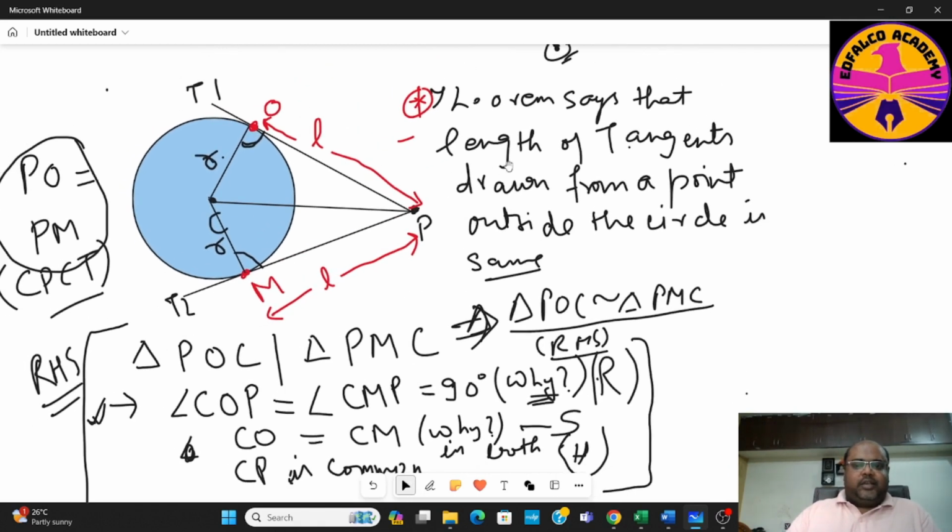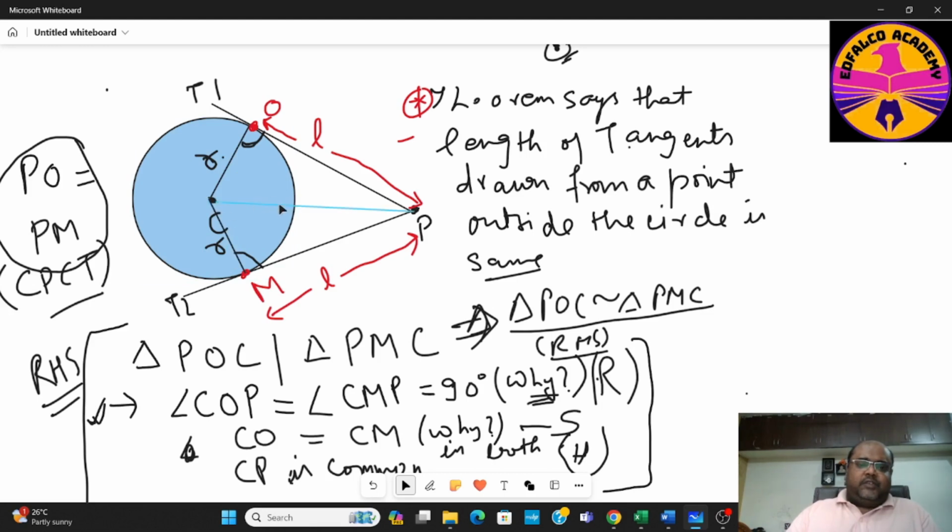That theorem was saying that the lengths of the tangents, this tangent and this tangent, are equal. That means PO is the same as PM. And what we have done is we divided it into two triangles. We found that these two triangles are congruent based on the fact that this angle over here, COP and CMP, are 90 degrees. They have the common sides, which are R and R, the radius of the circle.